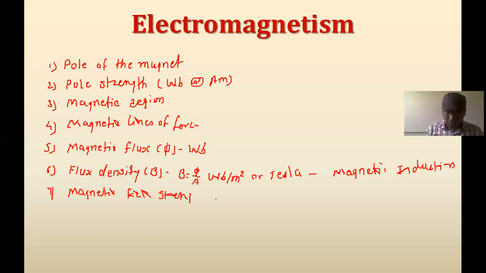It can be represented with H. Is it right? And its unit is, it's quite difficult to write here. And the last one we discussed is permeability, and in that we discussed three things: the permeability of free space, mu zero; the permeability of a medium, mu; and the third one is the relative permeability, a unitless quantity.